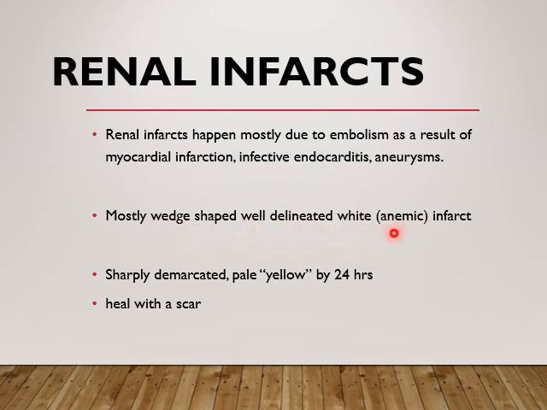They are called anemic infarcts as they are pale in color. Because of embolisms, when they occlude the blood vessels, they result in infarction. They are sharply demarcated, by 24 hours they become pale yellow, and they usually heal with scarring.